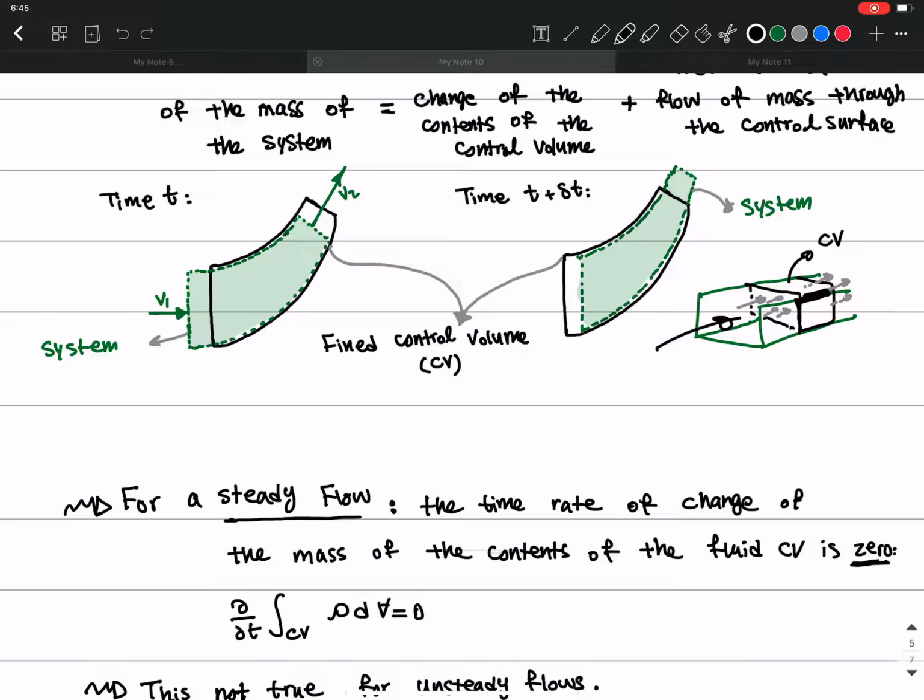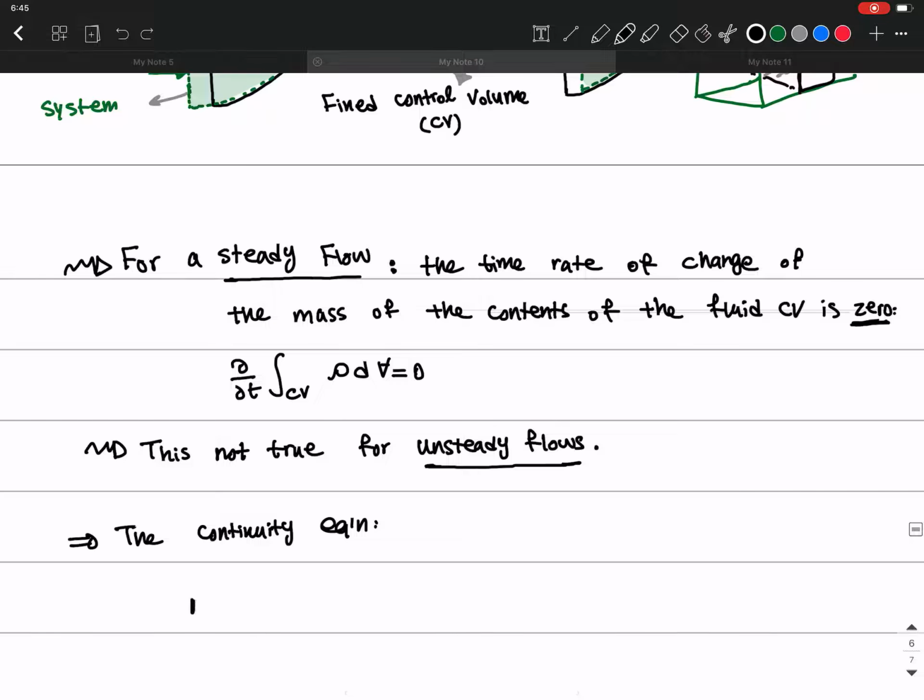The total mass of the system in this kind of system should stay constant, so the time rate of change of the total mass of the system is 0. Why? Because again, this is conservation of mass.